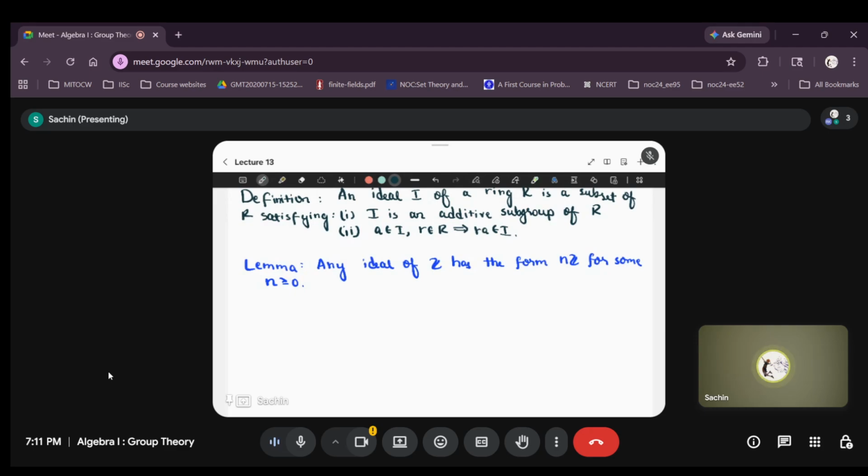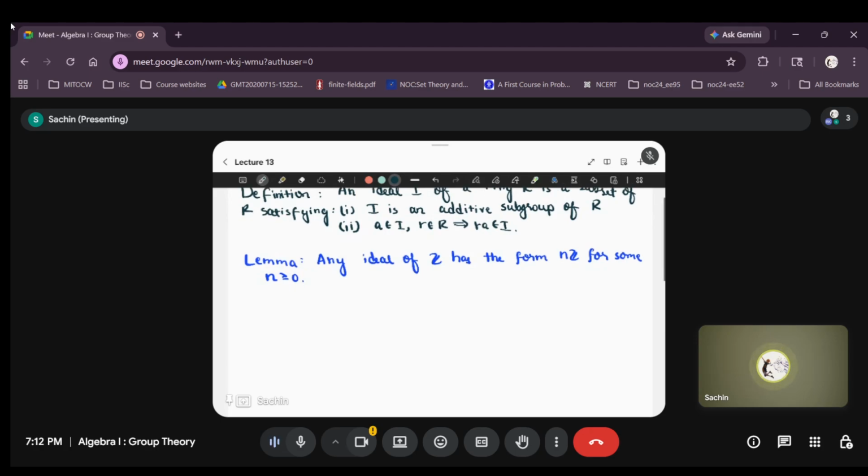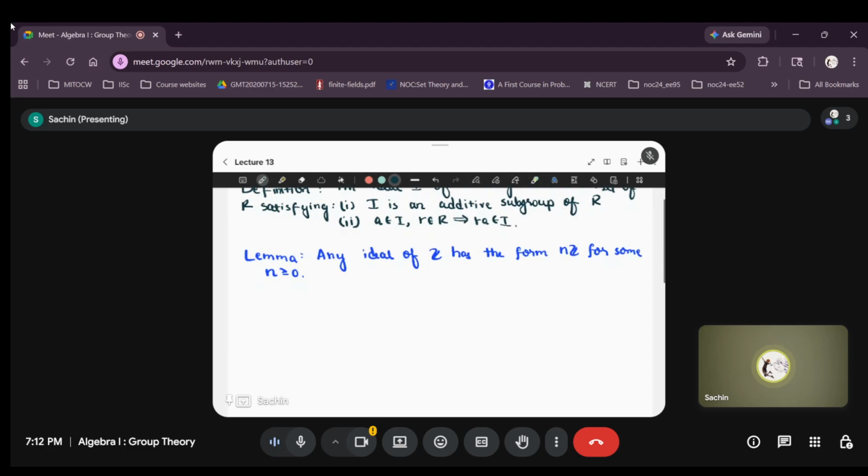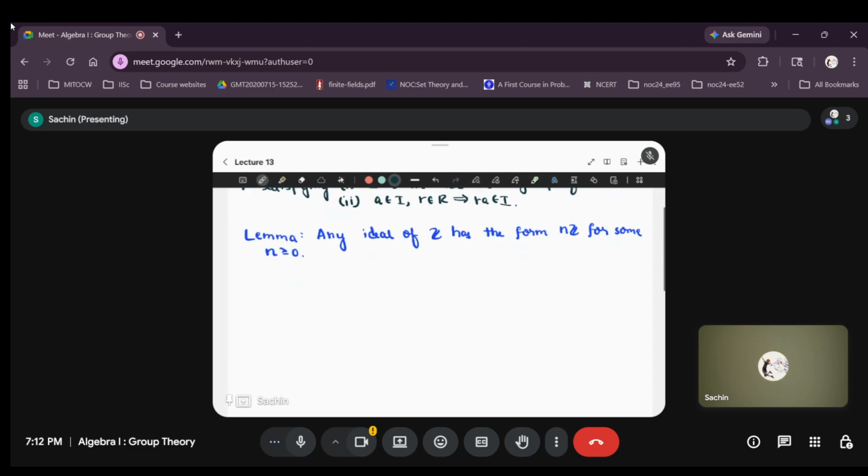Yeah, so we can use that fact. Yes, the proof is, I won't do that proof because we already saw that proof in subgroups. So I'll just write that.